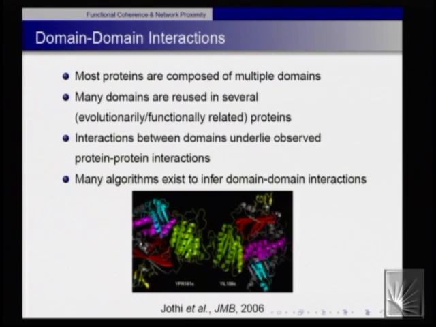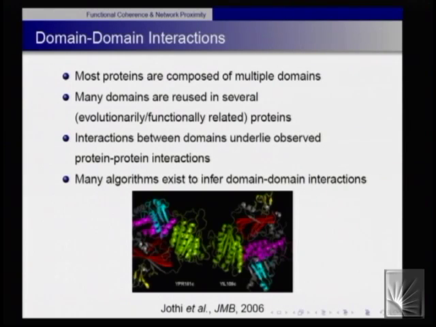You can structurally infer domain-domain interactions, but people have also developed many algorithms to infer domain-domain interactions from protein-protein interactions. What we observe is protein-protein interactions. We have some idea about which domains are parts of which proteins, and we use these two pieces of information to find the domains that interact with each other. For example, here, these two domains are the interaction surface for these proteins, and the domains are represented by different colors.